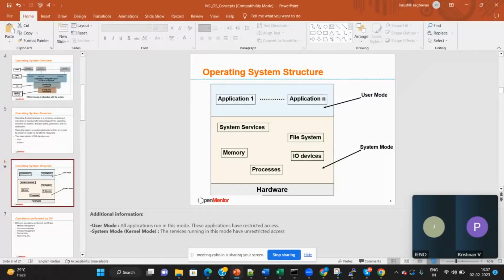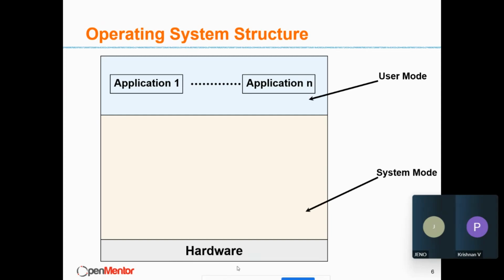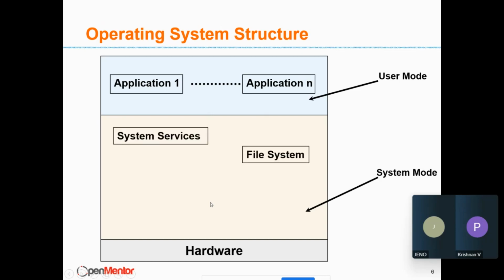Right. So if you look at my screen, if you look at the operating system, there are a lot of applications running on top of the operating system, right? And in the system mode, there are certain programs running, and these programs could be your system services. It's a file system. Linux file system is very unique when compared to Windows.